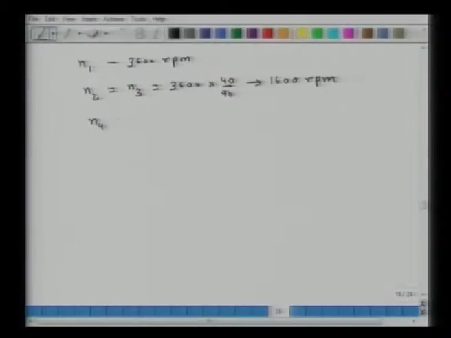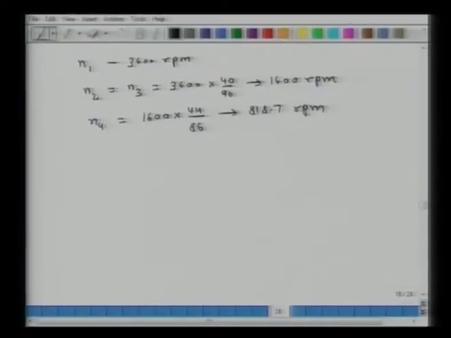N4 is 1600 times 44 over 86, that gives me 818.7 RPM. Okay. So now I have figured out the RPMs of different gears.